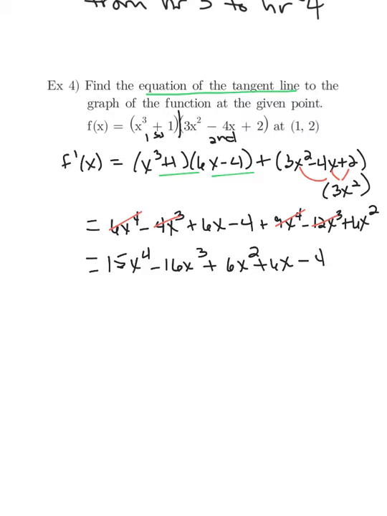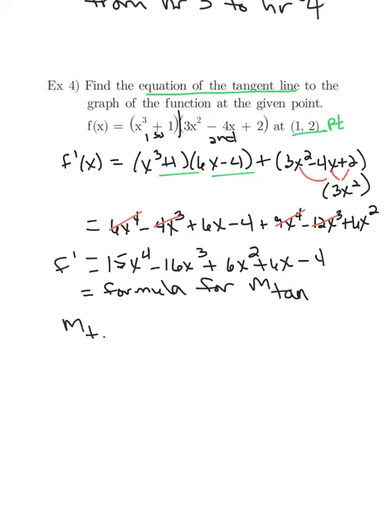This now is the formula, it's our derivative, and it is the formula for the slope of the tangent, because in this case we were talking about a tangent line. If we want to write the equation of the tangent line, we need a point, which we were given. Here's our point. What we need now is the slope of the tangent line.